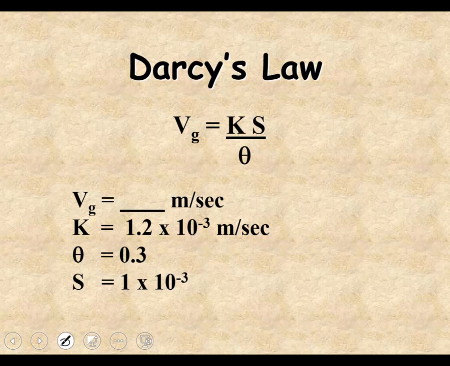Now, I did this as an exercise and I forgot the answer. So, well, that's the answer. You've got a 30% porosity, a slope of 1 to 1,000. You've got a hydraulic conductivity of 1.2 times 10 to the minus 3.